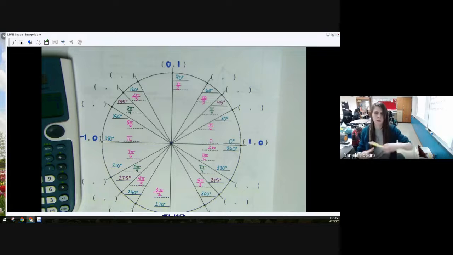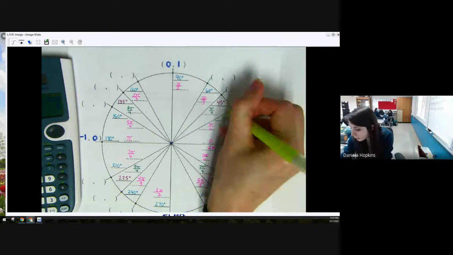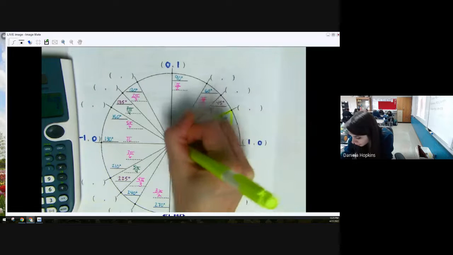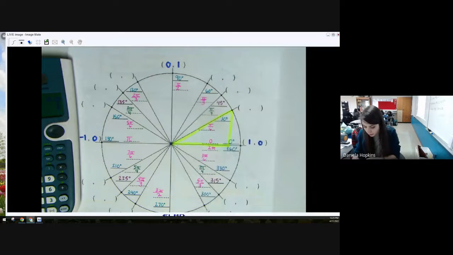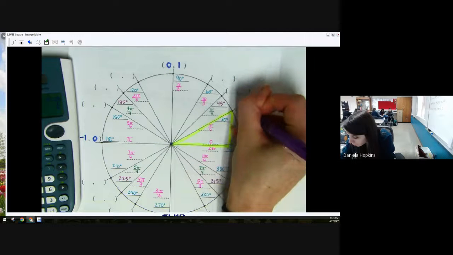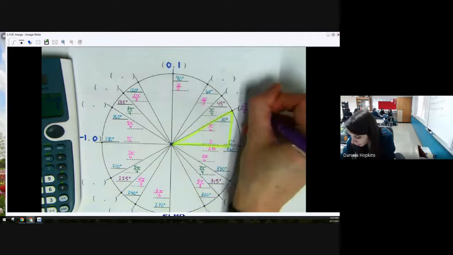You don't have to write this part if you don't want to, because I'm going to use my highlighter and just draw on our pretty picture. But let's not forget that right here, we have that 30, 60, 90 triangle, right? And we already filled this out on the other page. I said that this length here was the square root of 3 over 2, and this height here is 1/2.